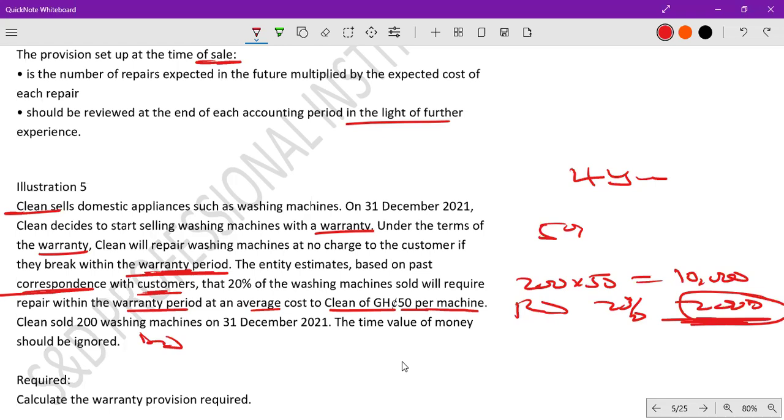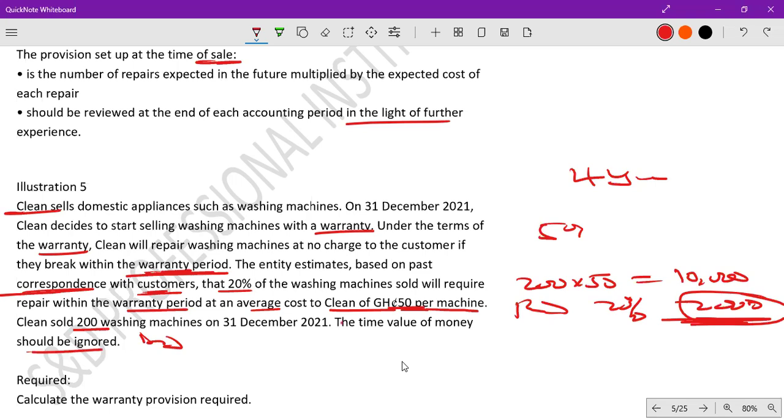Is it okay? Hello, Sir Desmond. Yes, sir. No, sir, it's not okay. The 4 years, please, is it by assumption? Yes, the question says that 20% of the washing machines will require a repair at a cost of 50 cedis per machine, and a total of 200 units were sold in December 2021. The time value of money should be ignored.